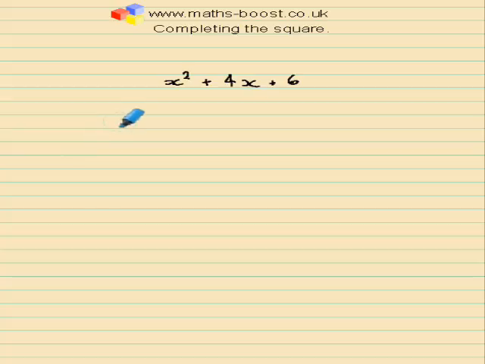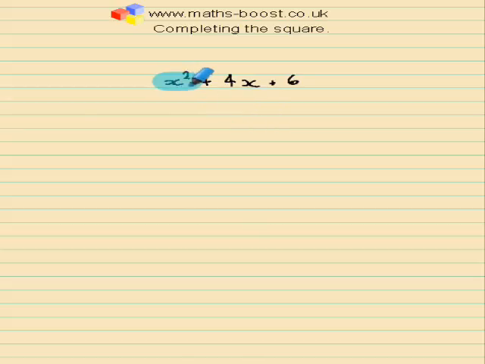So we'll finish by looking at a simple example of a full quadratic expression in the general form, and see how we change this to the completed square form. So now we've got x squared plus 4x plus 6, so this is perhaps what you're more used to seeing.